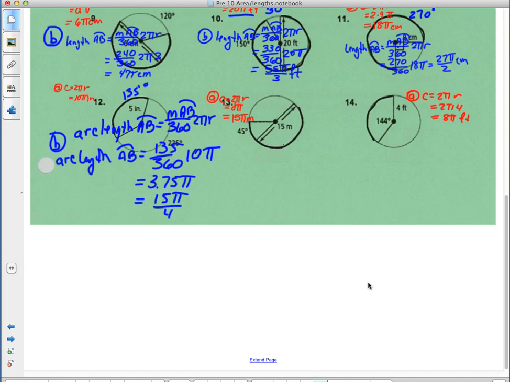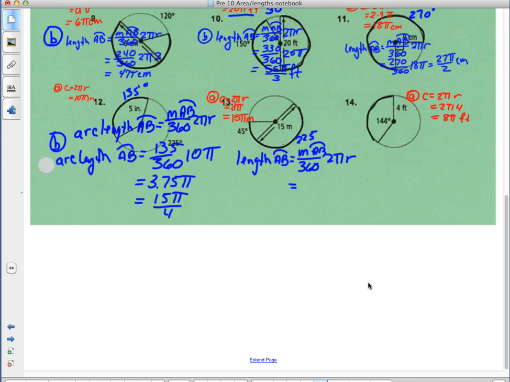Okay, now this one I've got 45 and 180. So 45 plus 180 is going to be 225. So this is 225, and I've got my length of arc AB is equal to the measure of arc AB over 360 2 pi r. I already found 2 pi r, that's 15 pi.